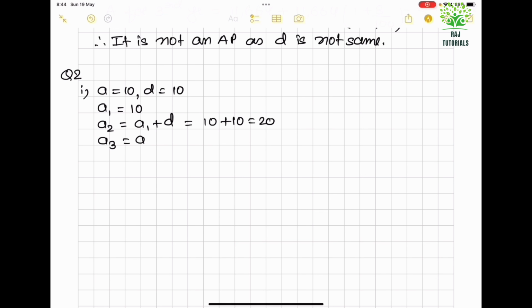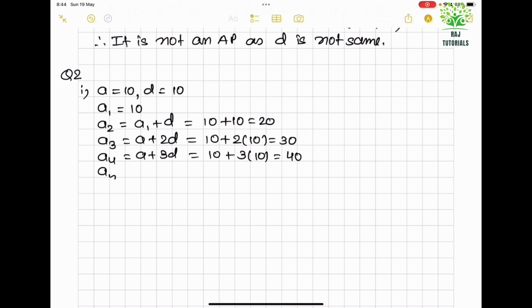A3 will be A plus 2D, so that will be 10 plus 2 into 10, so 30. A4 will be A plus 3D, so 10 plus 3 into 10, so that will be 40. A5 will be A plus 4D, that is 10 plus 4 into 10. So that is 50.